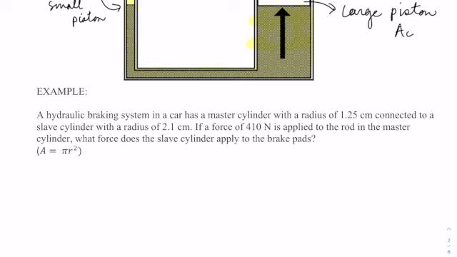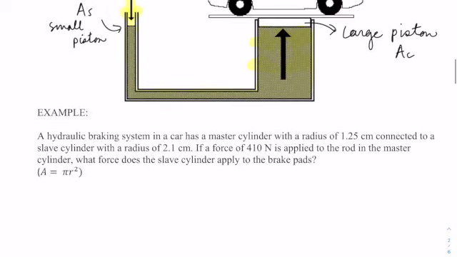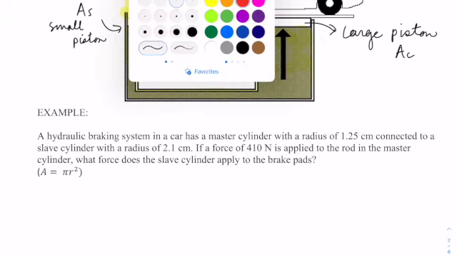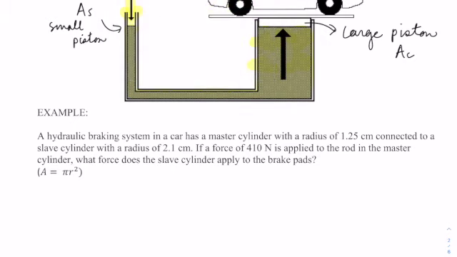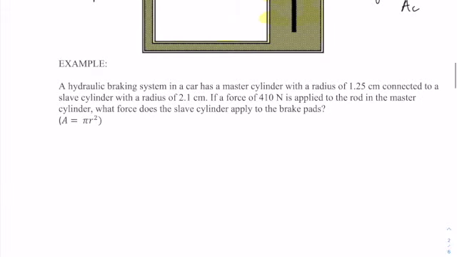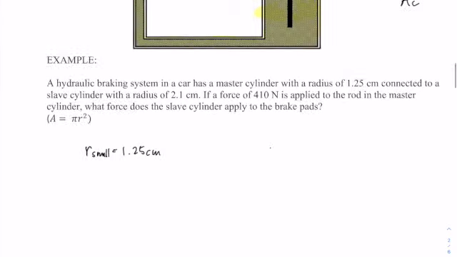Okay, so we have two radii, rather, the plural of radius. We have the radius of the small cylinder is 1.25 centimeters, and the radius of the large cylinder is 2.1 centimeters.